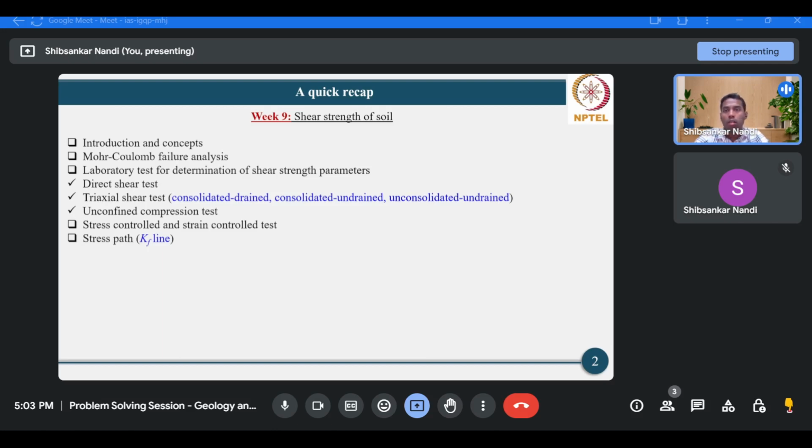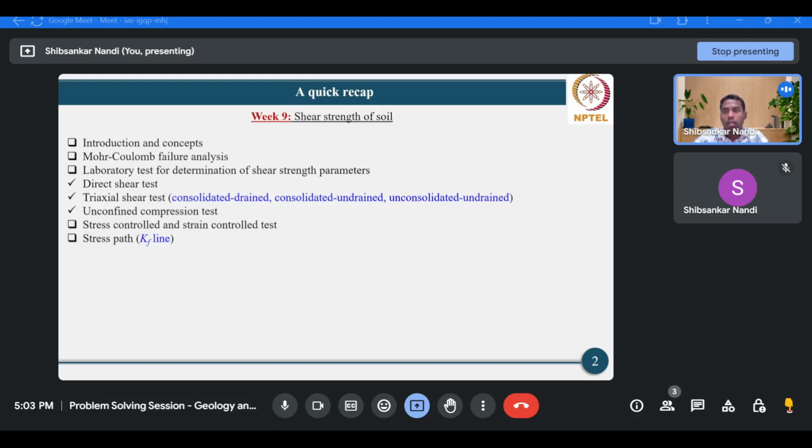So far, from this subject, we have learned about the introduction and concept of the shear strength of soil, followed by Mohr-Coulomb failure analysis, and different laboratory tests for determination of shear strength parameters.